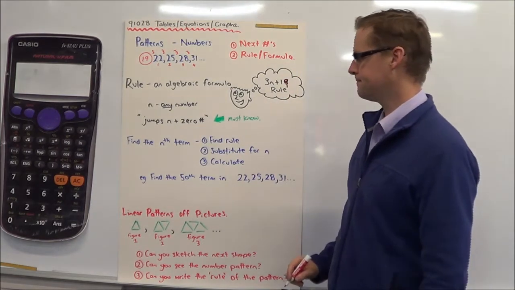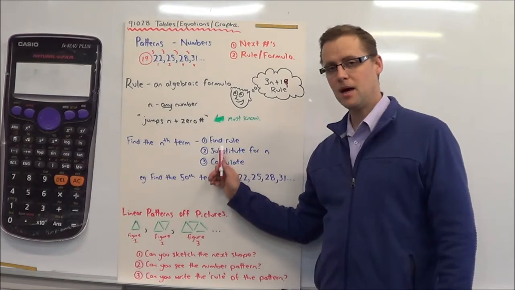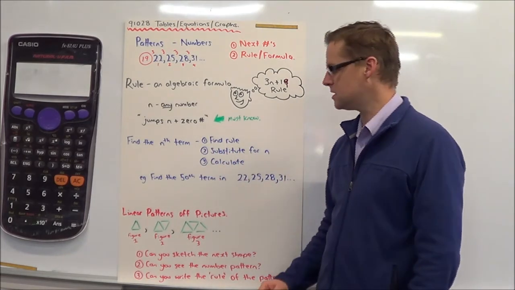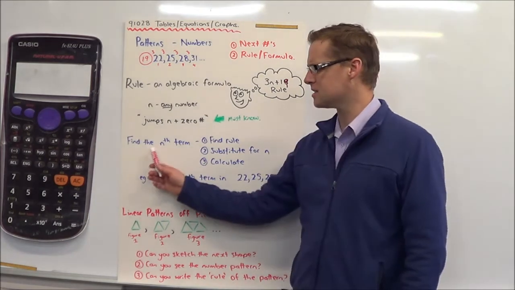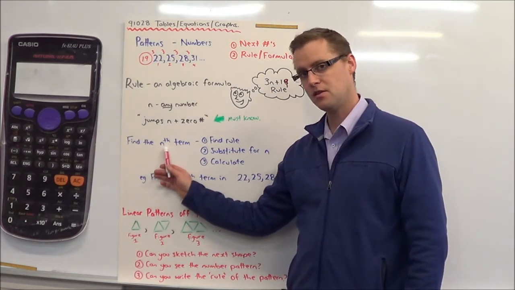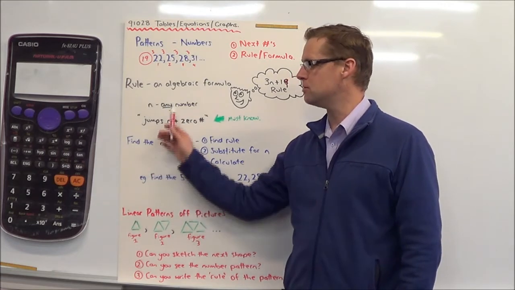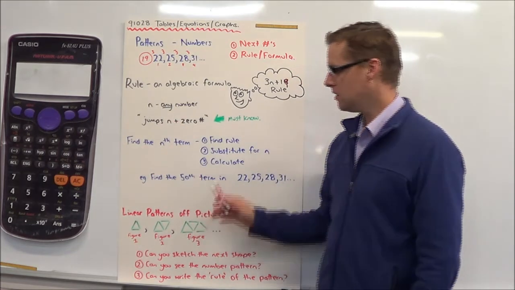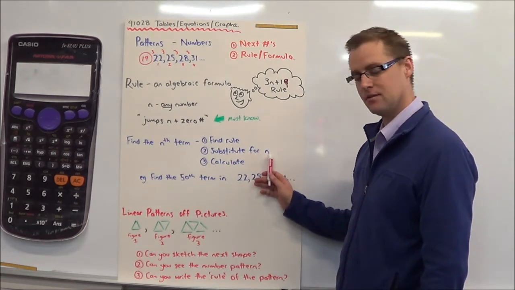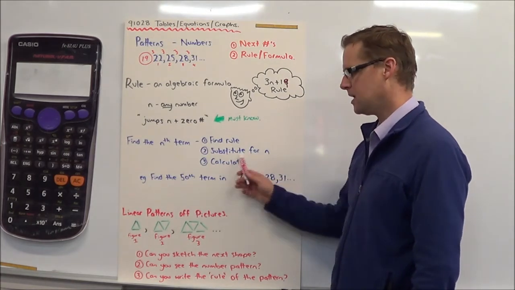We have to be able to calculate a term further along in the sequence. So it might ask us to find the 10th term, the 20th term, 15th term, any term. We find the rule. Then we substitute in for n, for the number of the question, and we calculate it.